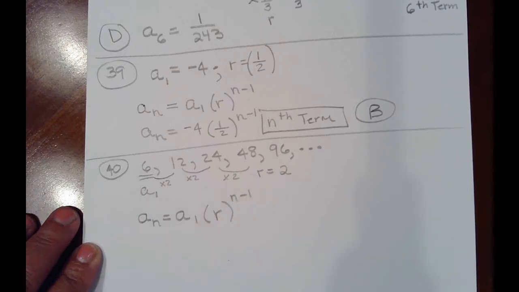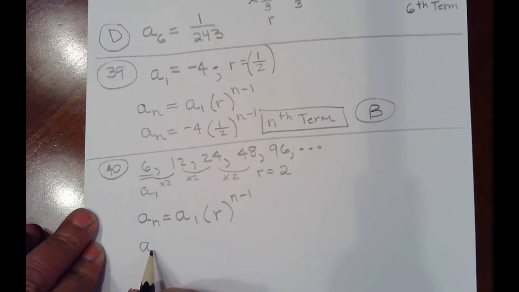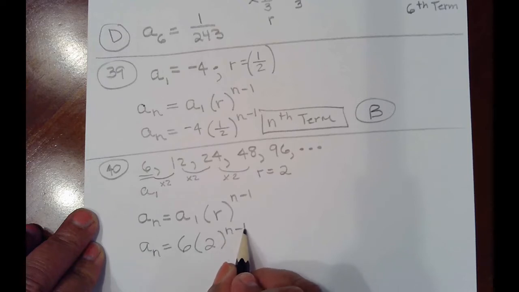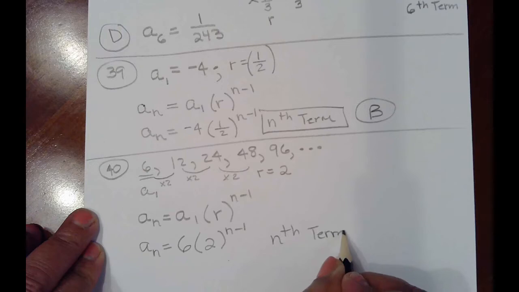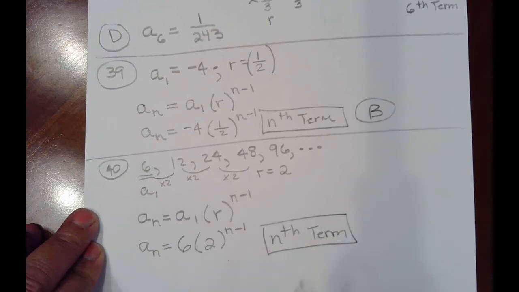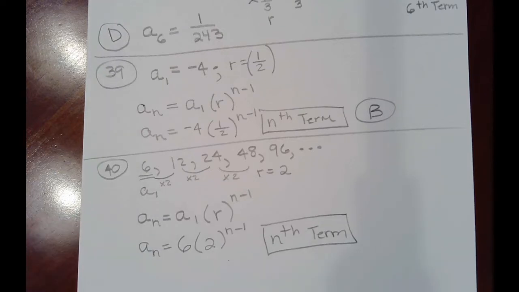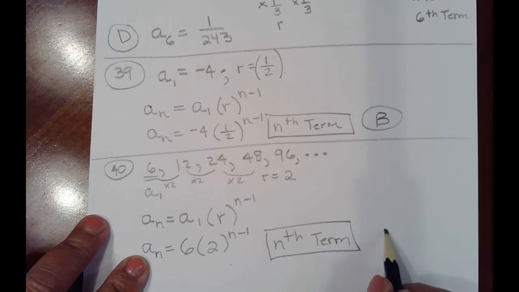I just keep repeating it, hoping that you'll memorize it. So the nth term is 6 for the first term, 2 for the r value raised to a power of n minus 1, and that is the nth term formula that will help you find any term at all in the sequence. Okay, then that would have been choice B. Let me make sure. No, that would have been choice D. On your practice test, this answer was offered for choice D.